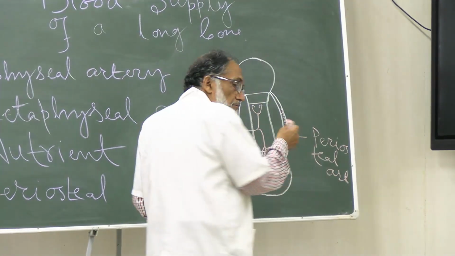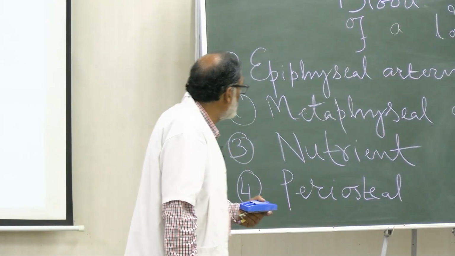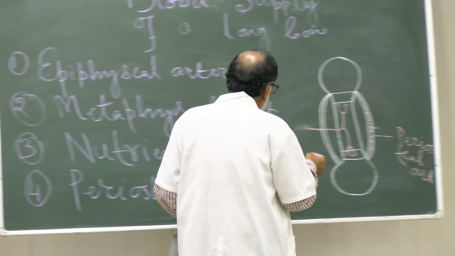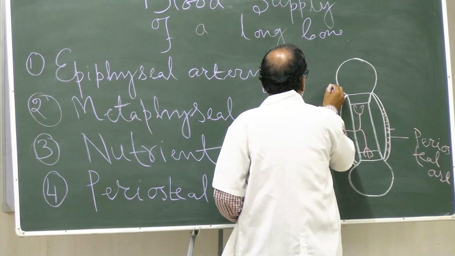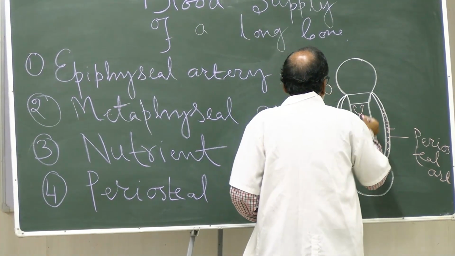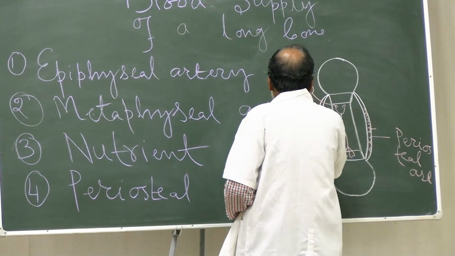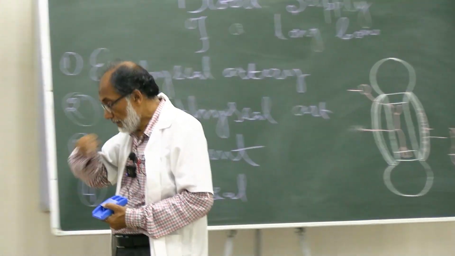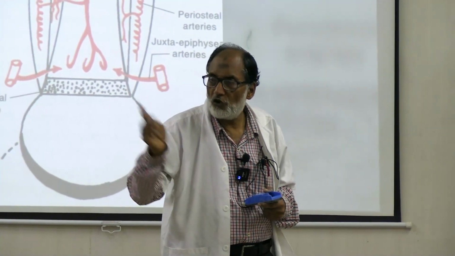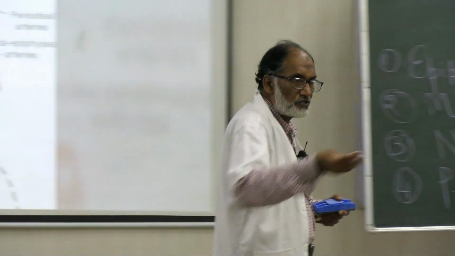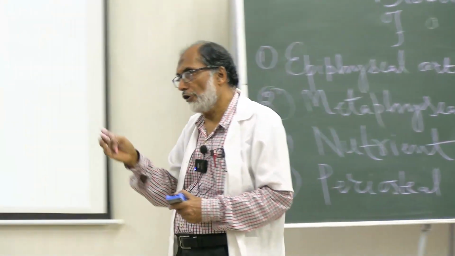So the periosteal artery comes from the muscular artery. Now the metaphyseal artery. This artery is coming from the vascular anastomosis around the joint. When you study your gross anatomy, you will find there are many circular anastomoses around the joint.